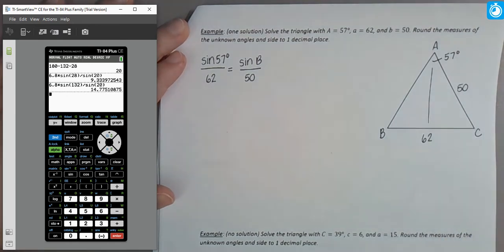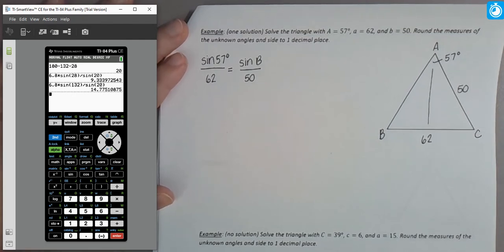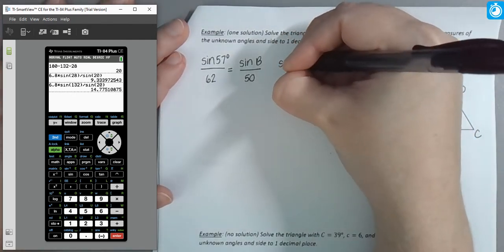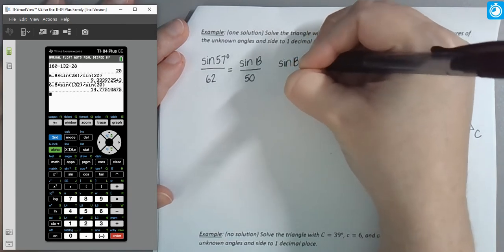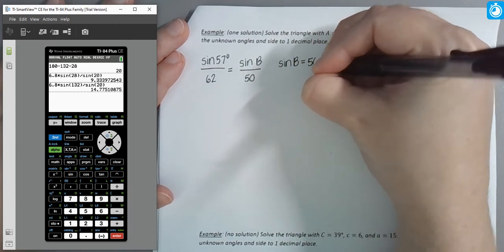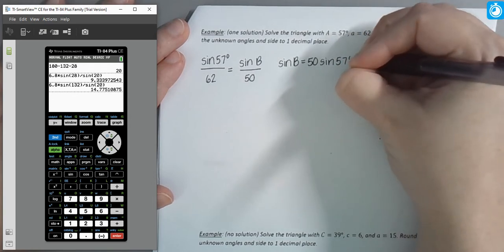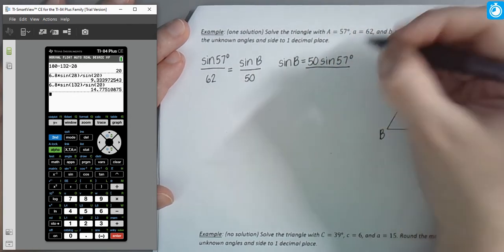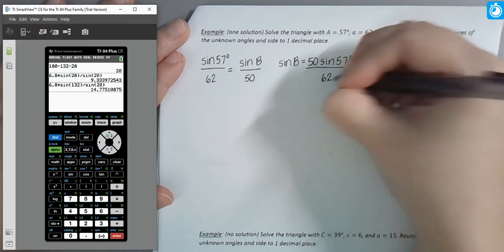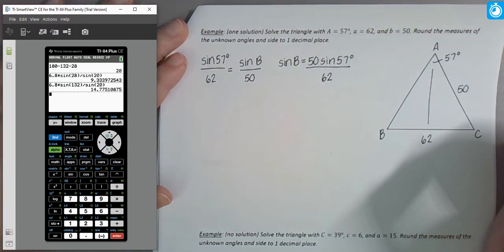Okay, so here we can immediately isolate the sine just by moving the 50 over. So we have sine of B is equal to 50 times the sine of 57 degrees divided by 62.